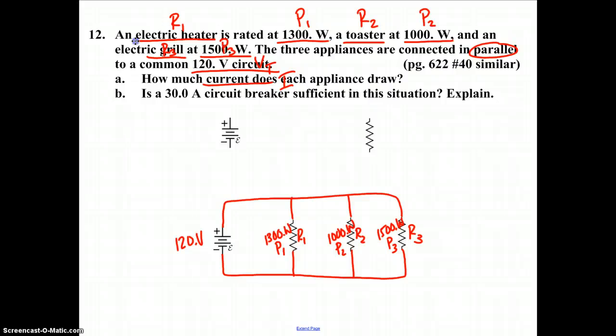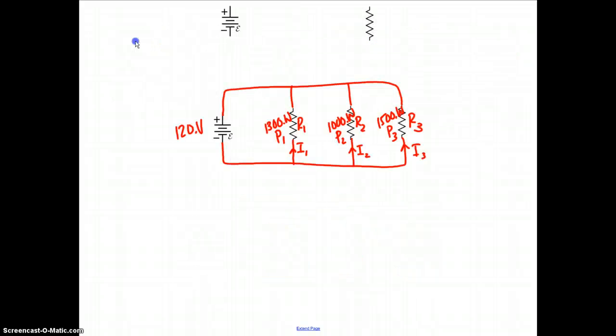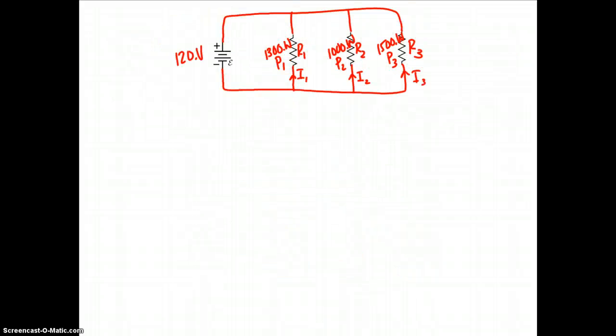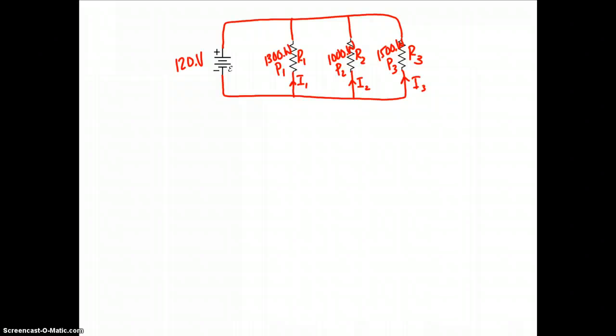That's I. And then they give us a circuit breaker question to answer in B, more on that to come. They want the current in each of these electrical devices. We'll call that I1 for the heater, I2 for the toaster, and I3 for the grill. All right, so there's our circuit.